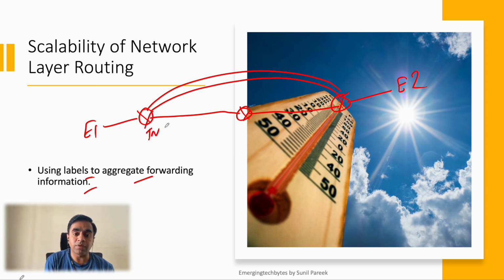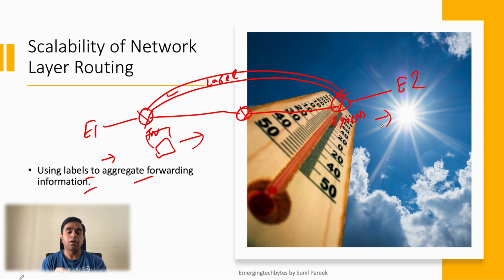Let's say this is our ingress, this is our egress. And when the packet comes, whatever the packet is, I will simply encapsulate that packet with this label and send it in this direction. And when it reaches here, we will take off this label and forward it.